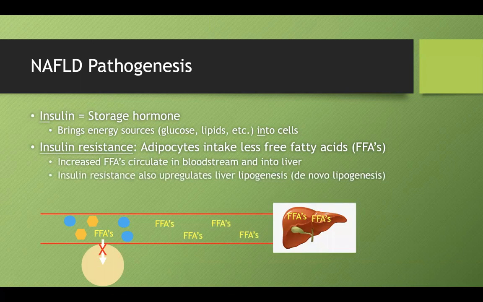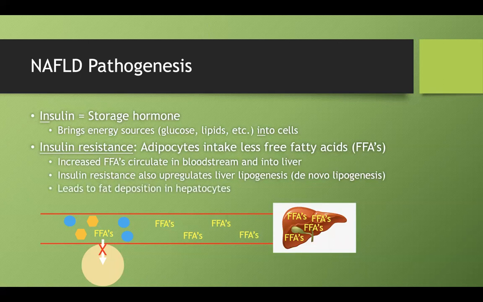While this is going on, insulin resistance in and of itself can also upregulate liver lipogenesis. So while you have this process going, you have additional free fatty acids that are just being produced by the liver spontaneously. So you kind of have a double-edged sword here, where free fatty acids have two different mechanisms to deposit because of this insulin resistance.